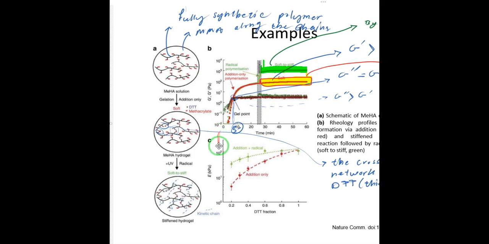This is the time that, by having the radicals and the initiators, this cross-linking will also give us a larger elastic modulus in our hydrogels, or let's say in our gels.